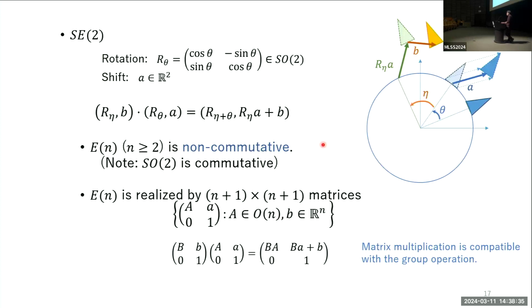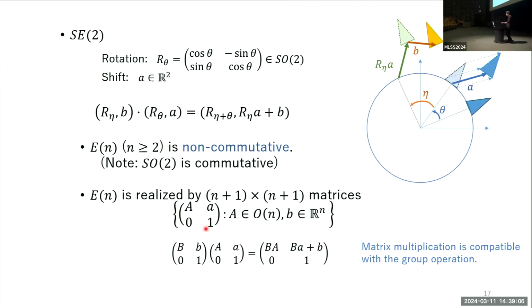Also, we have a very simple matrix expression of E(n) in general. We make an (n+1)-dimensional matrix, where R is a rotation matrix taken from O(n), and A is a vector for the translation. For mathematical convenience, scalar 1 is added here, and a zero row vector is added here.